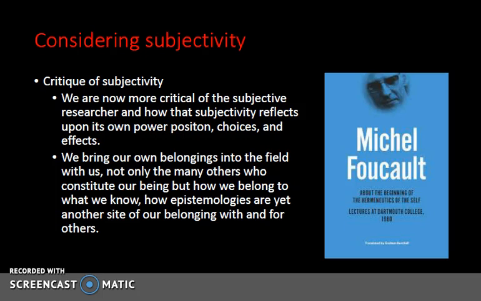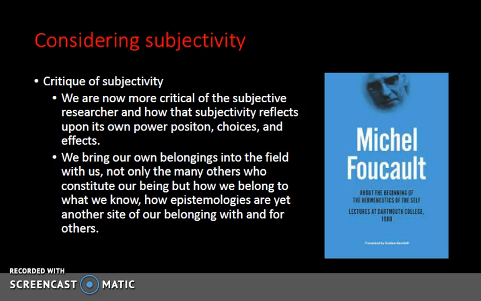Now, as Madison notes, these critiques of objectivity have been leveled quite extensively in the last several decades within anthropology as well as outside of it. But Madison also calls to mind here the idea of considering subjectivity, noting that we are now more critical of the subjectivity of subjective researchers and how subjectivity reflects upon its own power, position, choices, and effects.